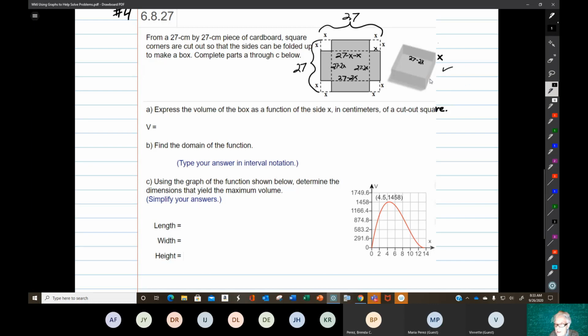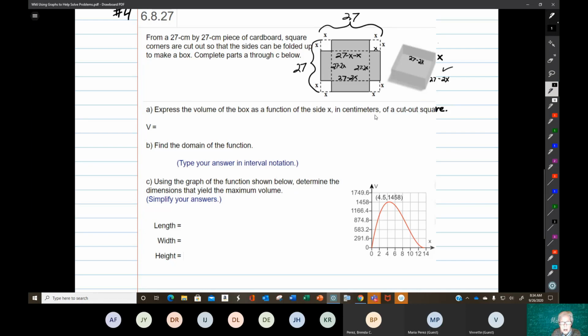And I don't really know how to write it here, so I'm just going to say 27 minus 2x. On a tablet, it's really hard to turn the page around and write that way. So now, the area of the base of the box would be 27 minus 2x times 27 minus 2x, length times width. But the volume has another measurement in it, and that is the height.